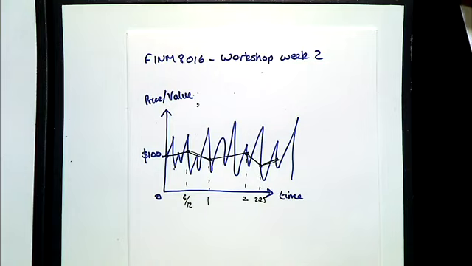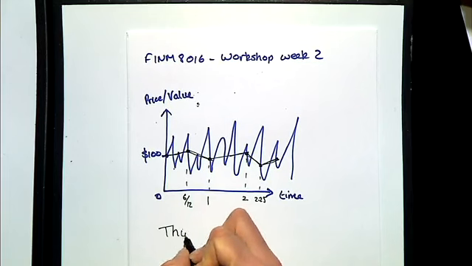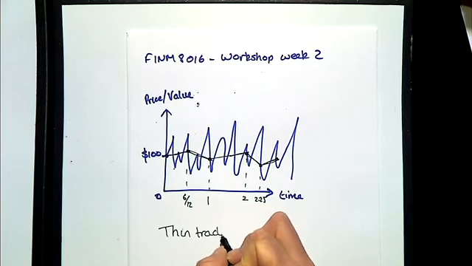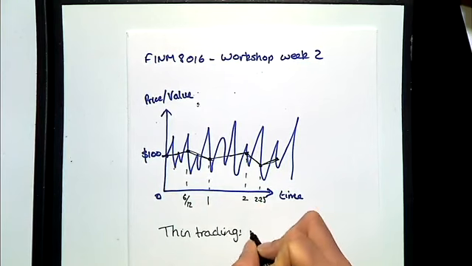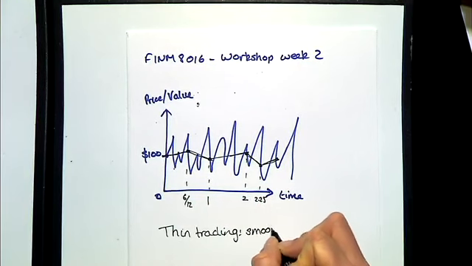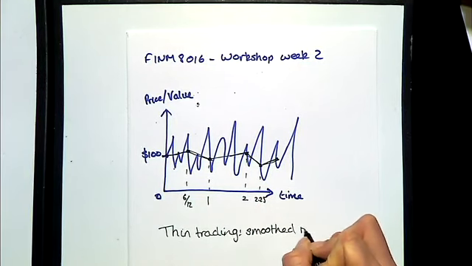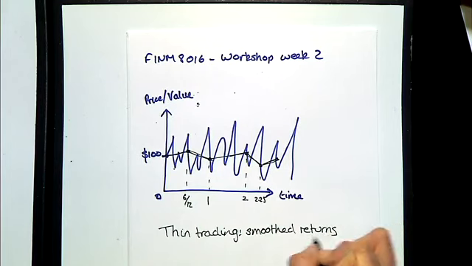So the problem is, what happens when you have thin trading is it leads to what we call smoothed returns. And what is smoothed returns going to do to our risk measures? Sorry, say again?